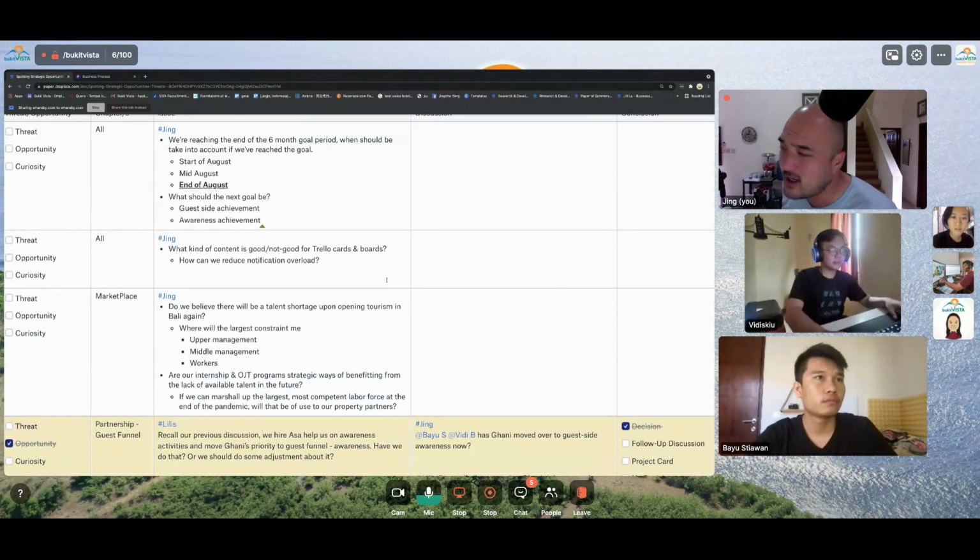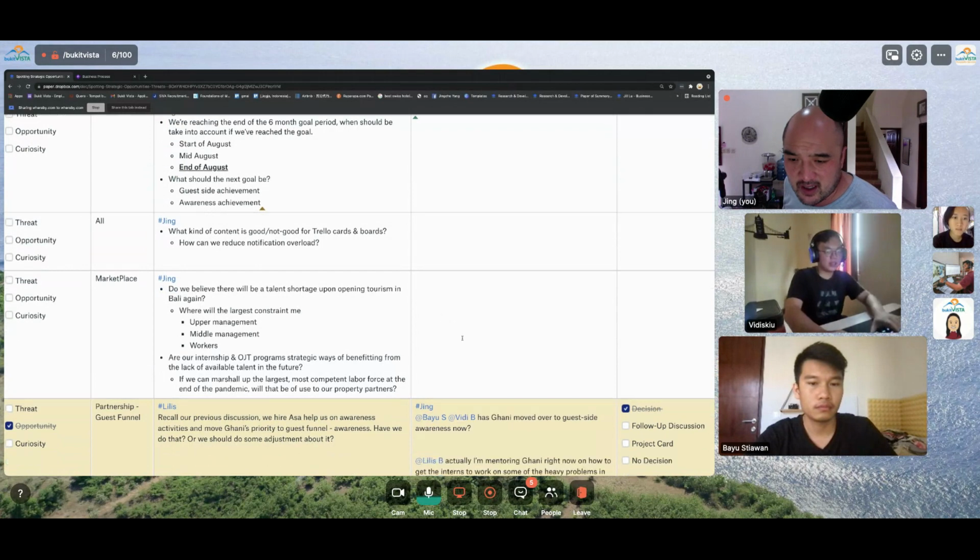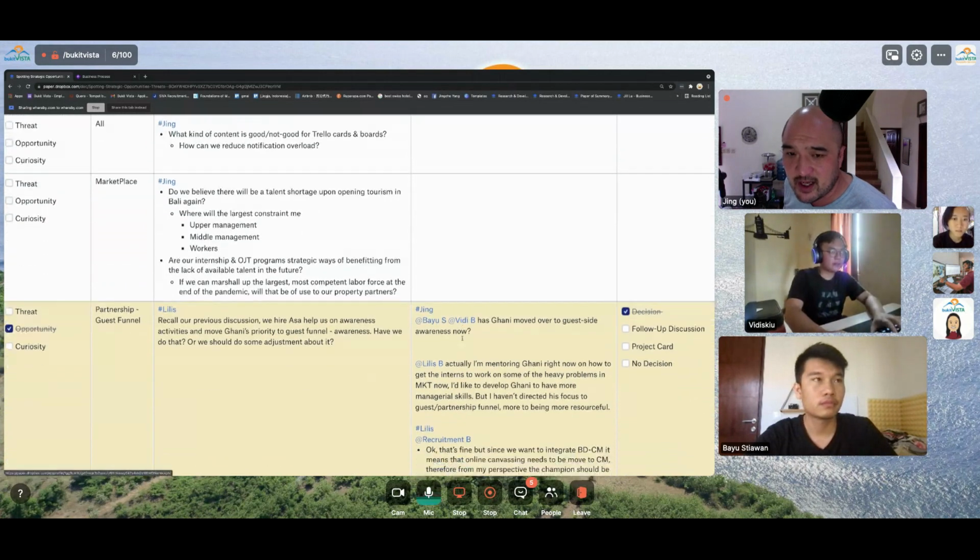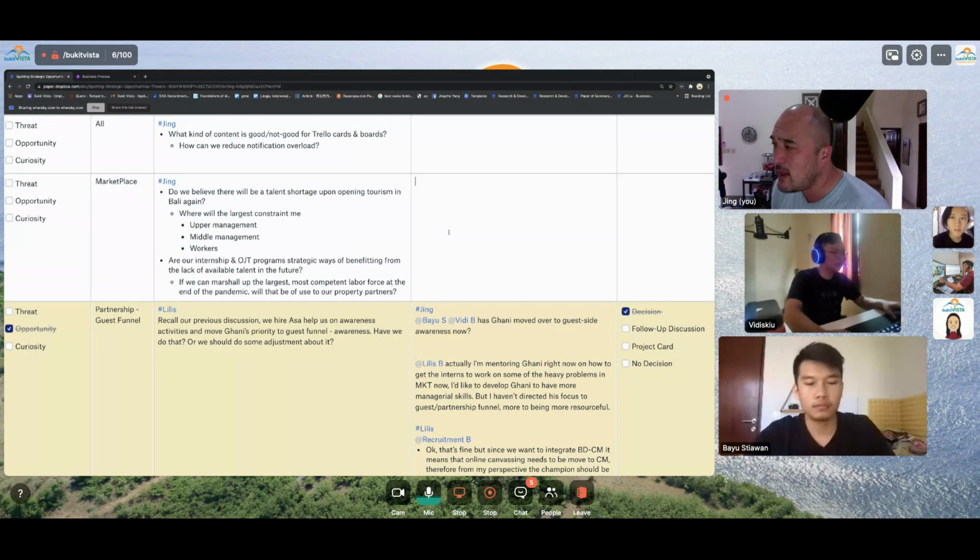Okay, we're going to talk about content on Trello boards, but I think that can be delayed, and talent shortage. This is one last thought before we go. Currently in the U.S., there is a huge talent shortage for hospitality and travel workers, and that's leading to a pretty interesting thing happening. There's an increase in wages for hospitality workers, and there's a shortage of management in the industry.